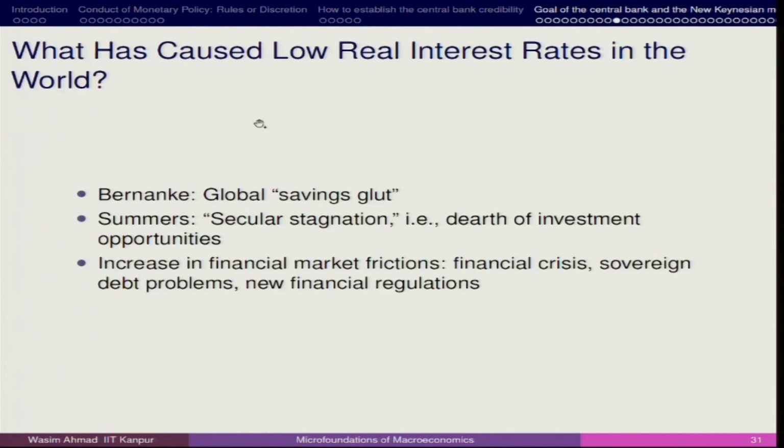Now, in the literature on new Keynesian economics, people have raised different apprehensions about low real interest rate scenarios. Bernanke mentions that when you have uncertainty in the economy, especially during the 2007-8 global financial crisis, he put forward the idea of a savings glut.